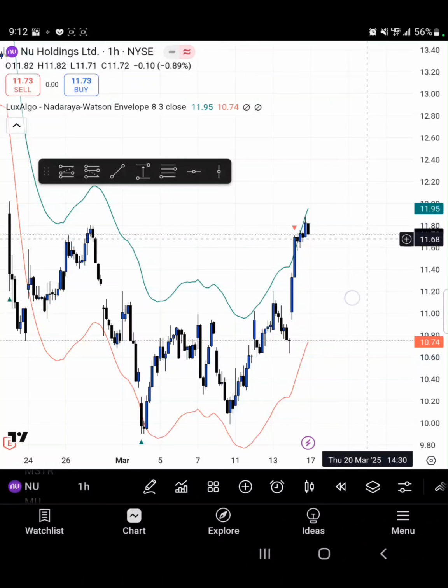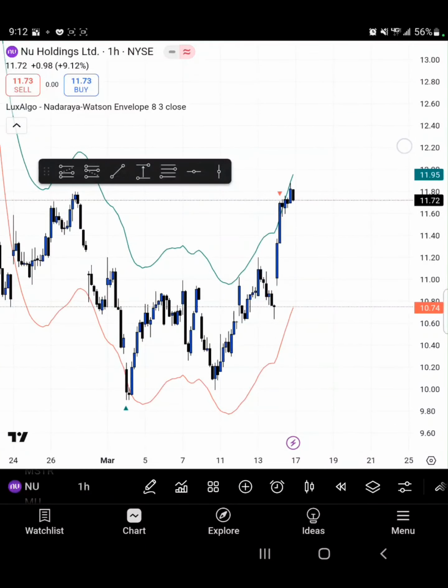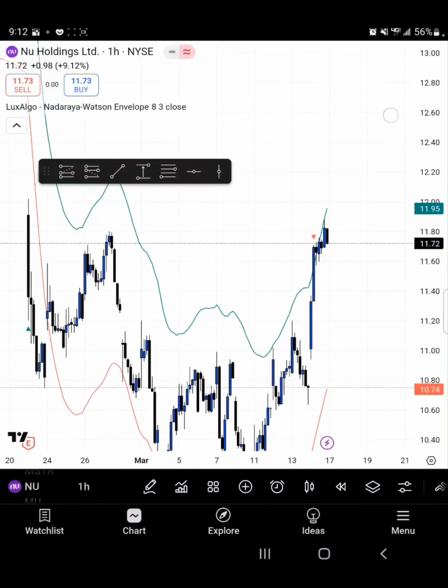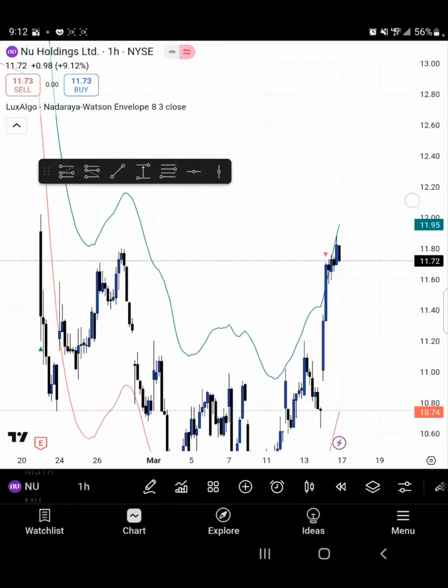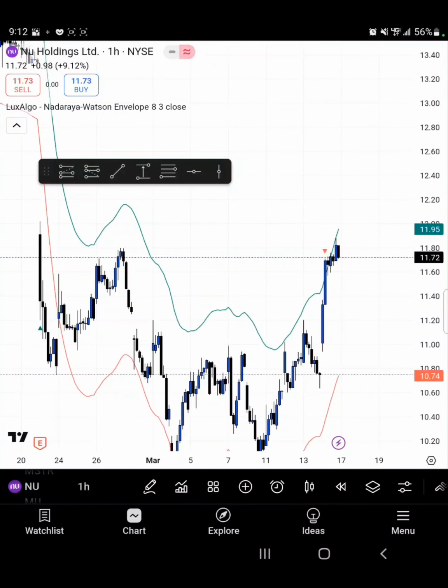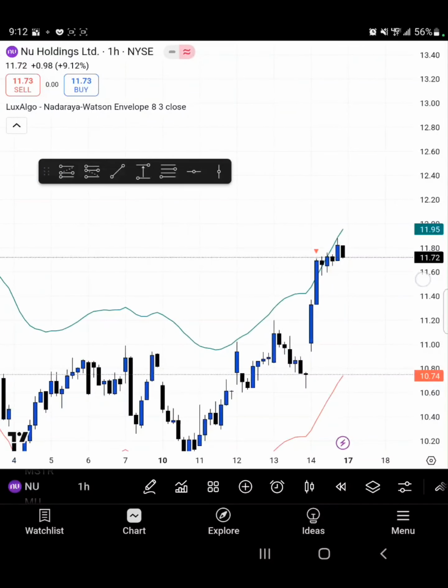As you can see here, the blue candle is above this envelope line. So anytime it happens, we're going to buy puts here.